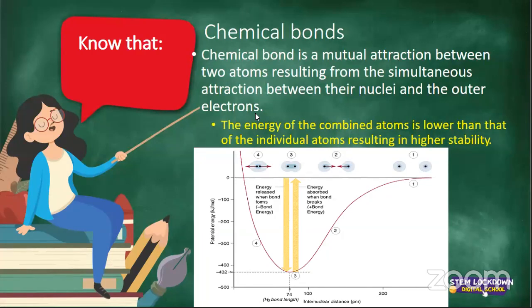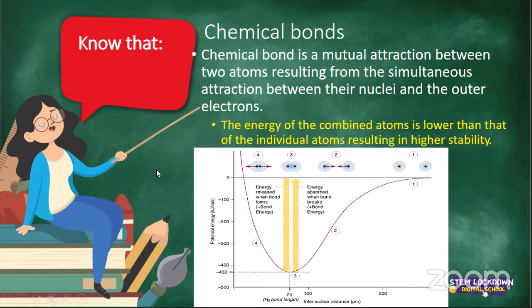So if we are talking about chemical bonding, one can ask himself a question, why is it important that we have chemical bonding? The energy of a combined atom is lower than that of individual atoms. This will result in higher stability. So the atoms that are bonded together will be more stable than individual atoms.